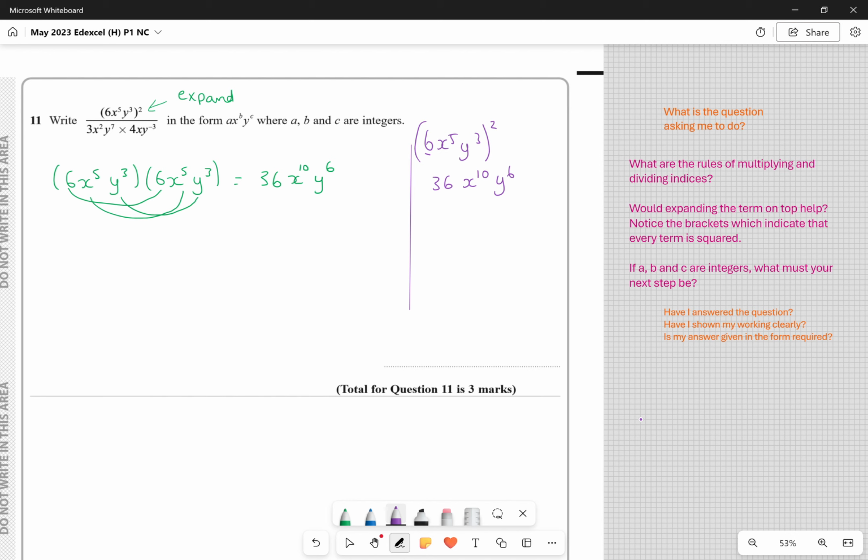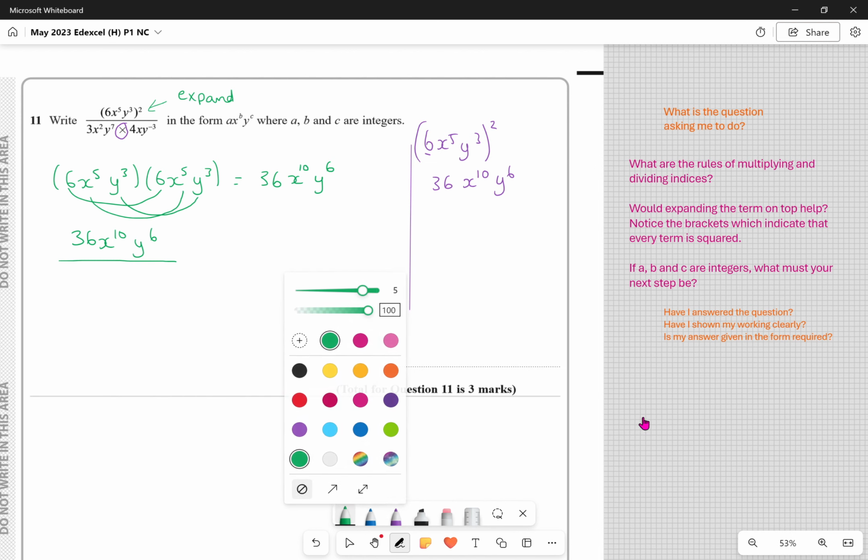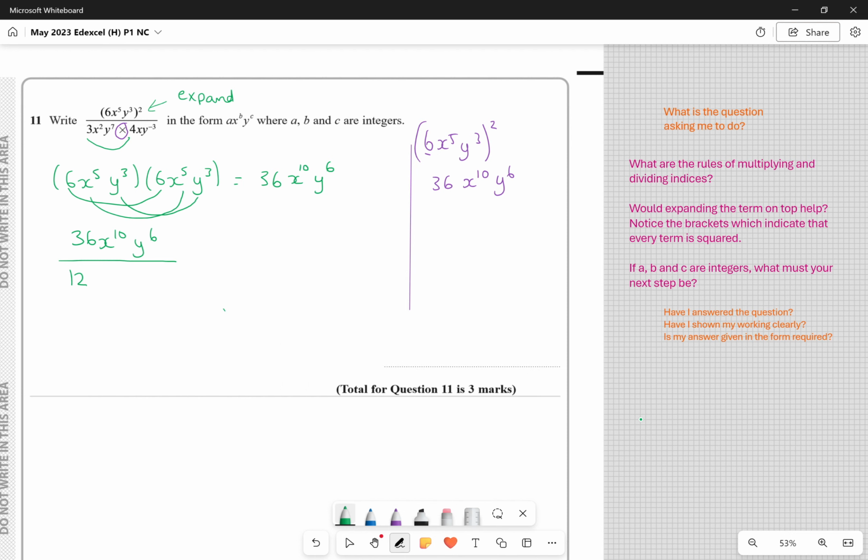So if we look at the term underneath now, let's rewrite the whole thing again. Now we have 36 x to the power 10, y to the power 6 over. Notice that these two terms here are being multiplied together as well. We will multiply the 3 times 4, so 3 times 4 is 12. x squared multiplied by x, that's like x to the power 1, isn't it?